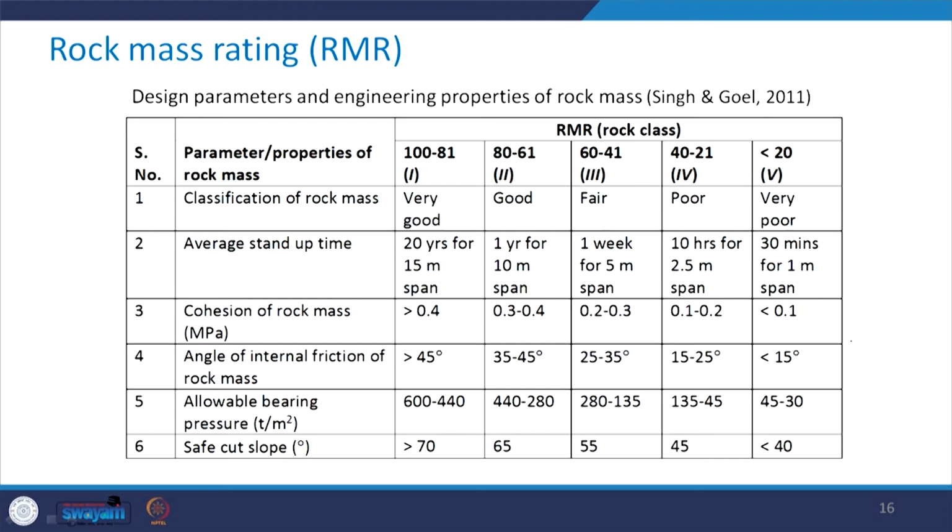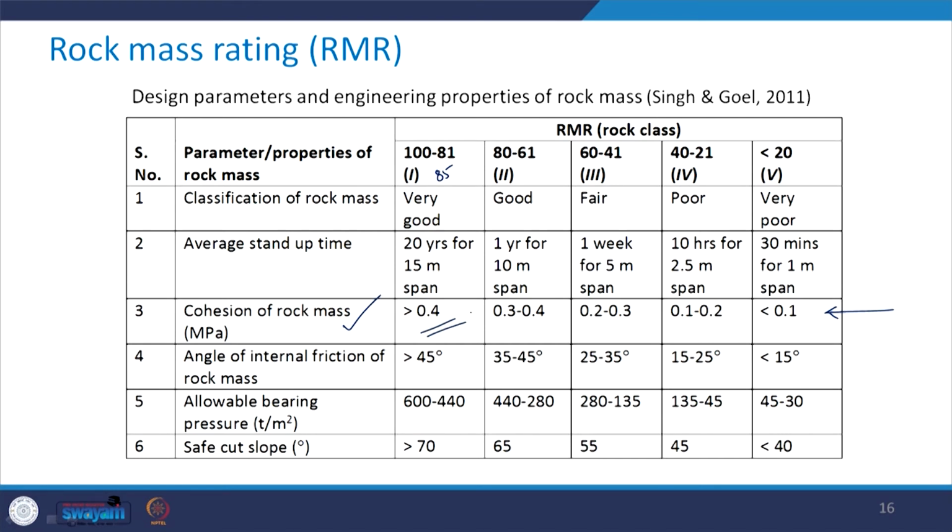Once again I refer to this table. Look here on this row which gives you the cohesion of the rock mass in megapascal. So, say you have the RMR of 85. So, 85 would lie in this range. So, its cohesion is going to be greater than 0.4 MPa.